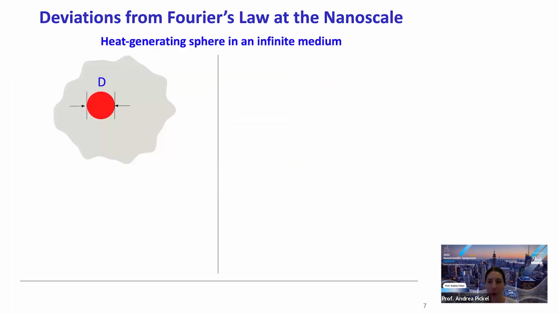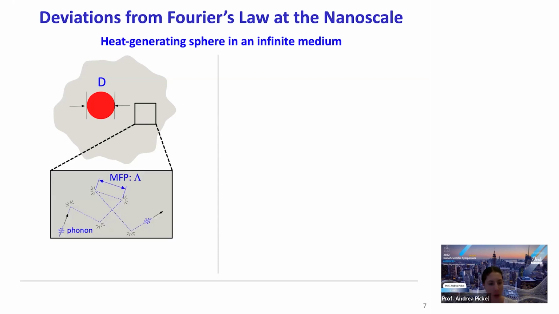And so it turns out that one reason is that the classical laws of heat transfer that you might learn in an undergraduate course, like Fourier's law, don't always hold up at the nanoscale. And we can understand that by considering an example here of a heat generating sphere in an infinite medium. If we zoom into this material, we'd find that there are energy carriers, for example, phonons, that collide with one another, and in between collisions, they travel an average distance that we call lambda, or the mean free path.